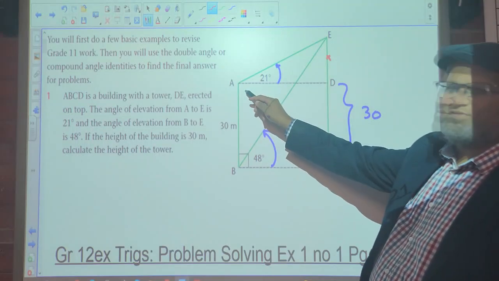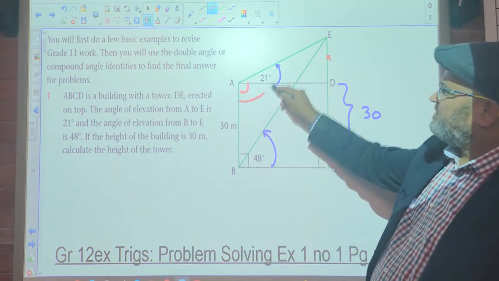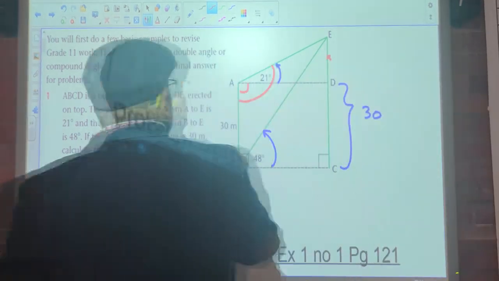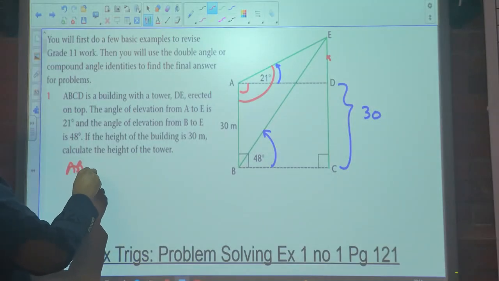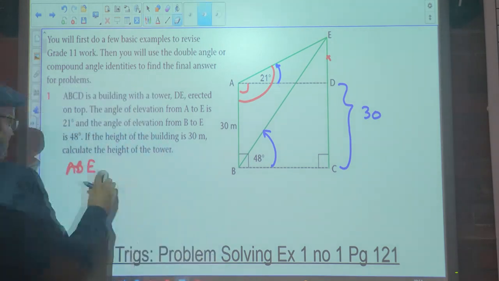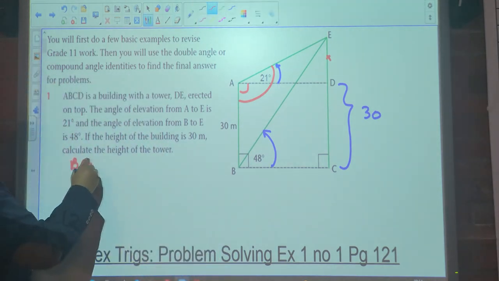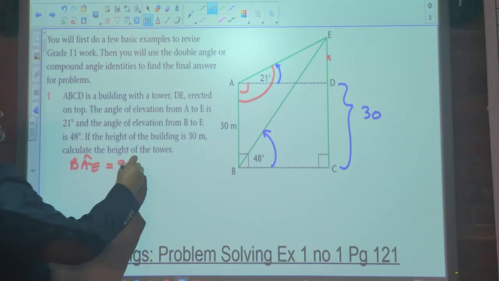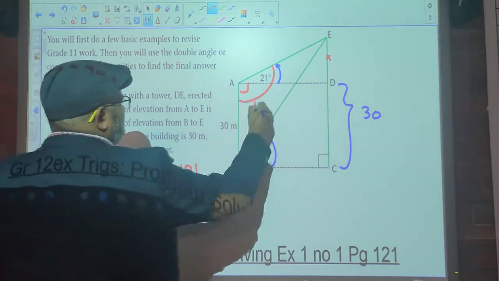We know what's the size of this angle here? 90. So what's the size of this whole angle here? BAE. So you can say BAE is equal to 90 plus 21, which is 111. Why does it say 111?